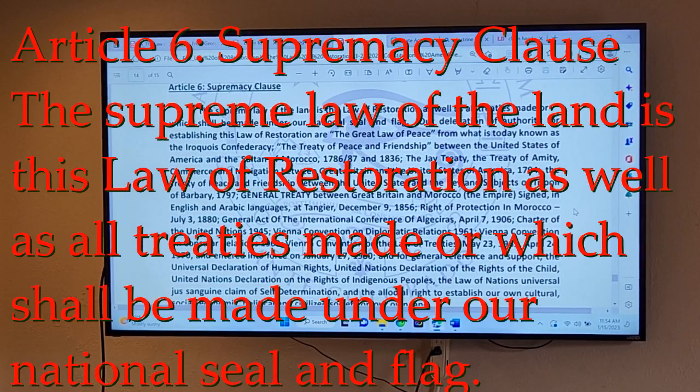Article 6, Supremacy Clause. The supreme law of the land is this law of restoration, as well as all treaties made or which shall be made under our national seal and flag.